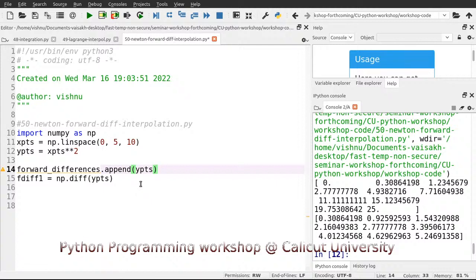So for forward differences we are appending to y points. As long as the last forward difference we found has more than one value, we will keep on continuing the forward difference.